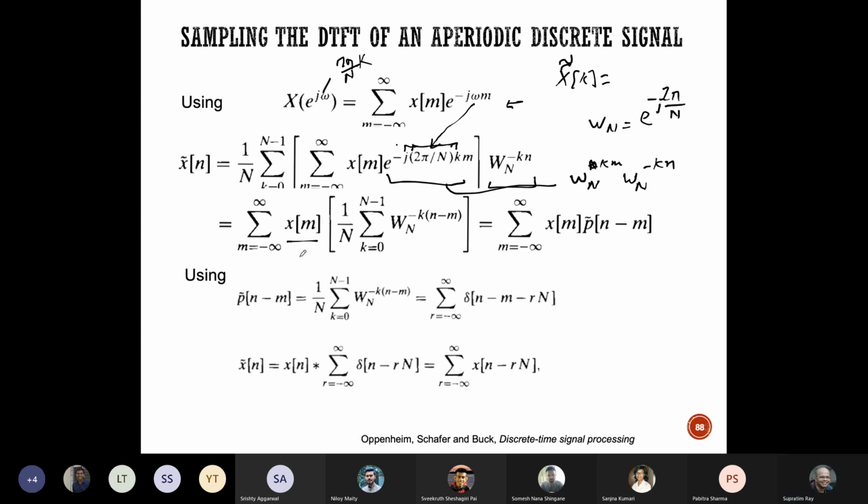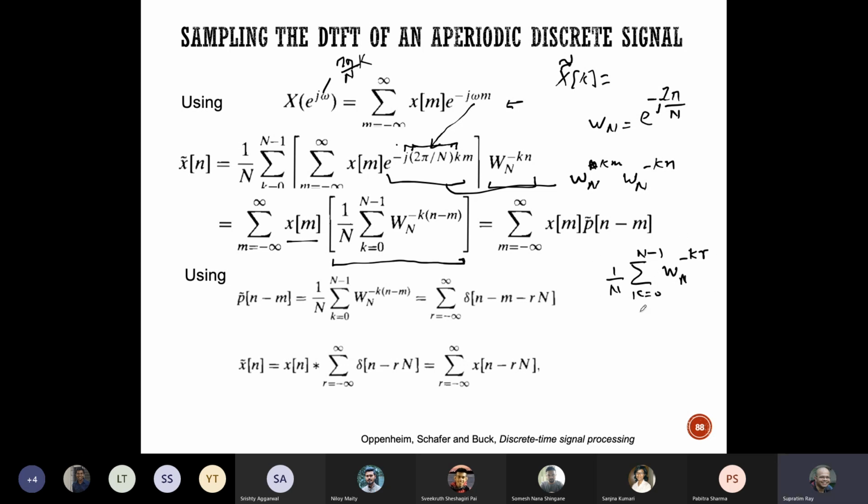Is this fine? Yes. So now the question is, what is this function here? Actually, let me just say n minus m is some number r. So what is 1 by N summation of k from 0 to N minus 1 of W_N to the power minus kr?